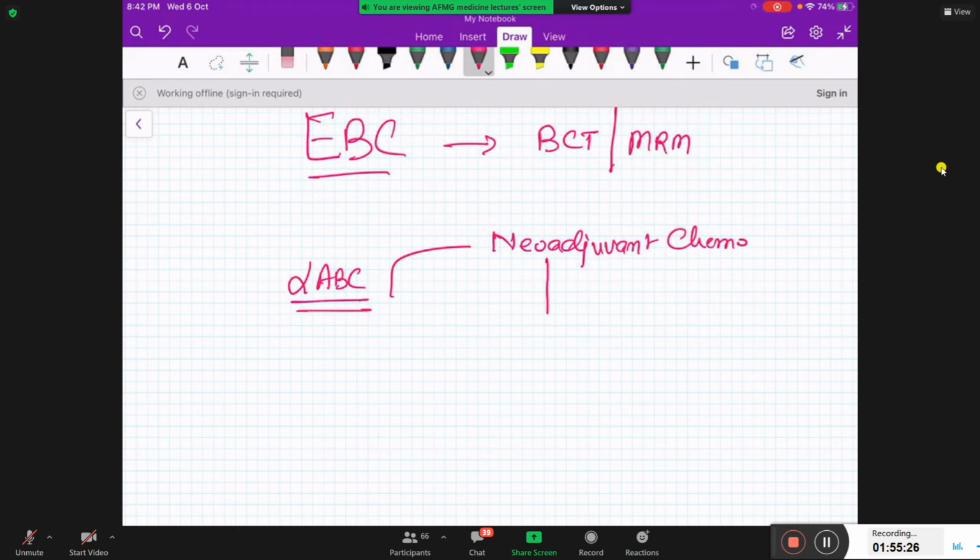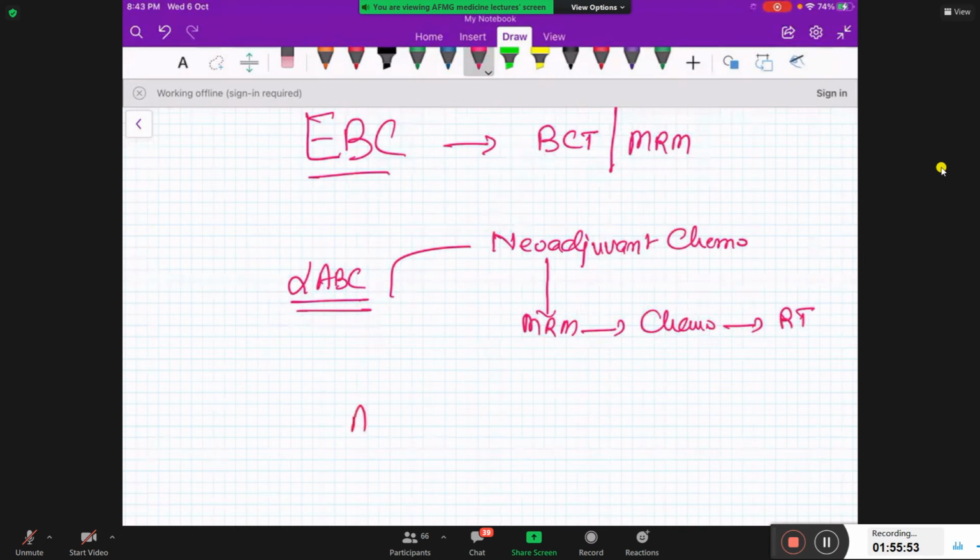When we give it after the surgery, it is called adjuvant chemotherapy. So the treatment of LABC is neoadjuvant chemotherapy, followed by MRM, followed by chemo, followed by radiotherapy.